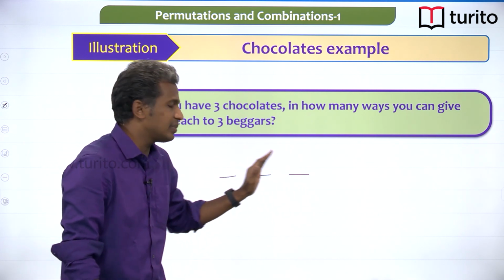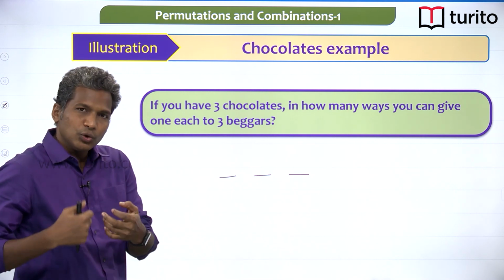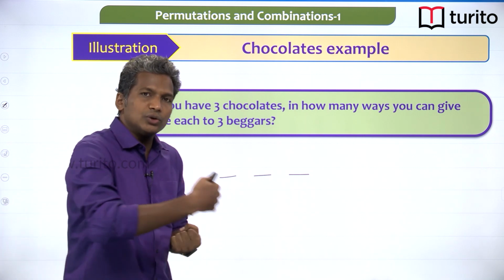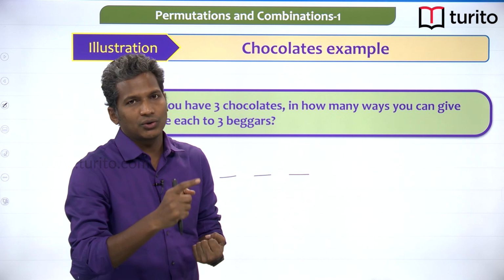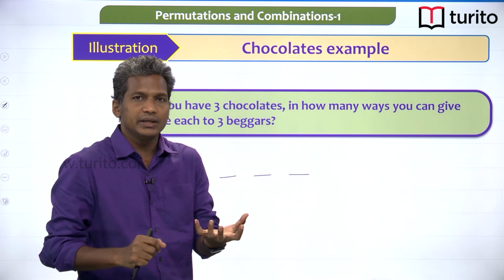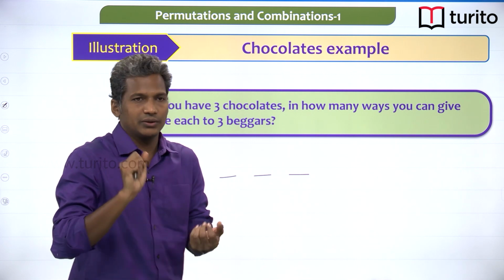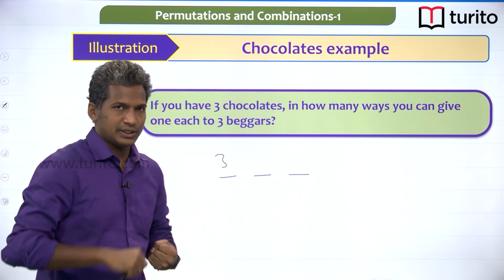Okay. So, beggars are basically some places. And when we go to the first beggar, we have 3 chocolates in our hand. So, when we go to the first beggar, we have 3 options of giving a chocolate, okay, because there are 3 here. Either he will get first chocolate or second or third. Okay. So, first beggar can get 3 chocolates.